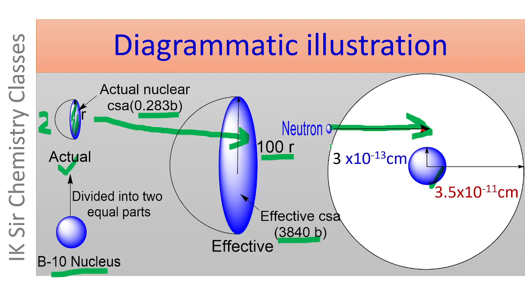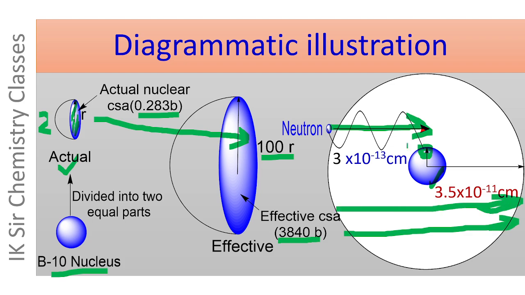It means the neutron will not move on a straight line, its motion will be like a wave. And at this point, this neutron will be absorbed by the nucleus. In other words, any neutron passing through this effective area will be captured by the nucleus of B10, and this is why B10 has very high ability to capture or absorb neutrons.